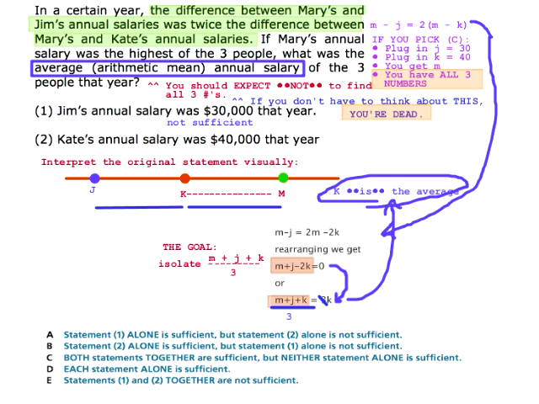Like in statement 1, it could be 30,000, 30,001, 30,002, or it could be 30,000, 130,000, 230,000. So we don't know. Statement 2, though, is sufficient. Even though I still don't have J or M, I don't really care. I just care about the average, which happens to be K.